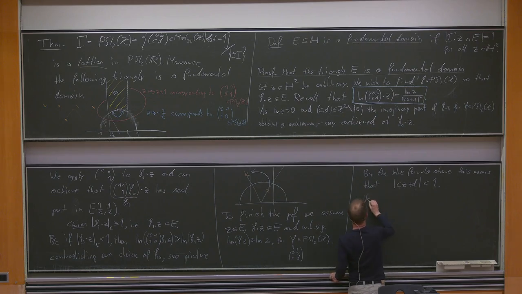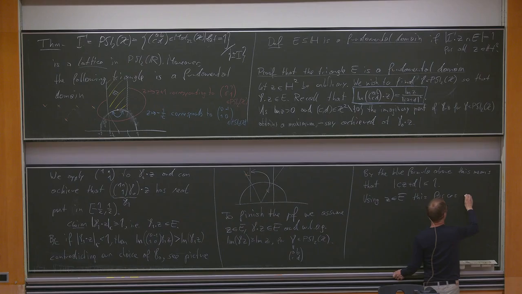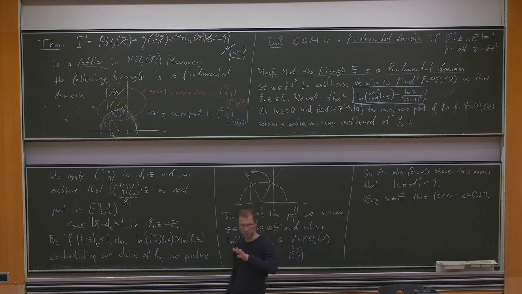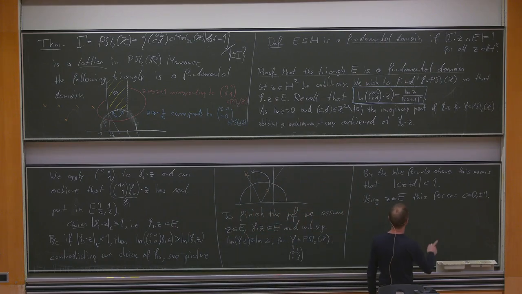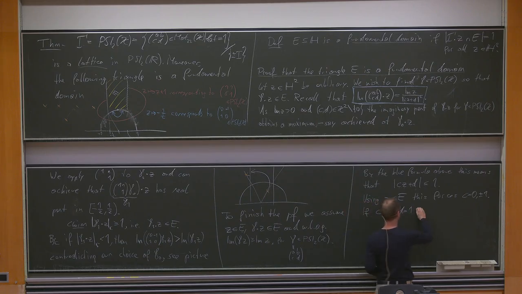So using Z is in E, this forces C equals 0 or plus minus 1. No other choice. If C is equal to 0, D is equal to 1 without loss of generality. Why? Because the absolute value is then less or equal than 1, right?